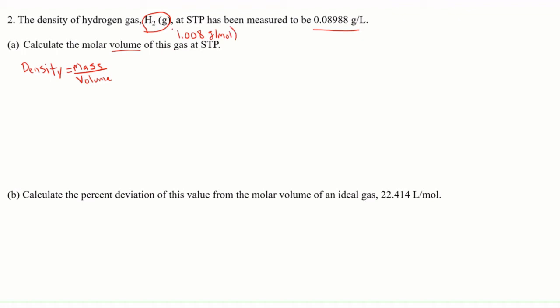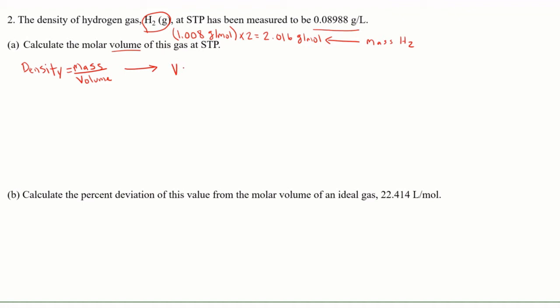So if I have 2 atoms of hydrogen, the mass of hydrogen gas will be 2.016 grams per mole. So this here is the mass of H2.